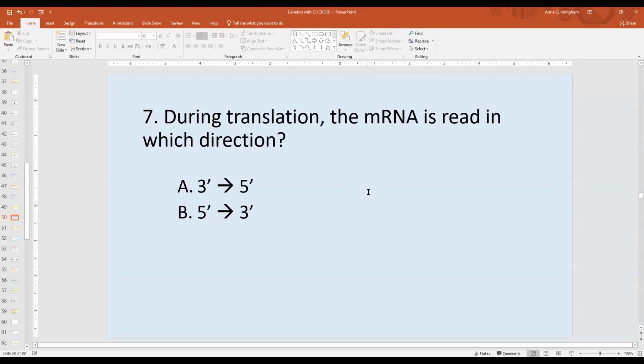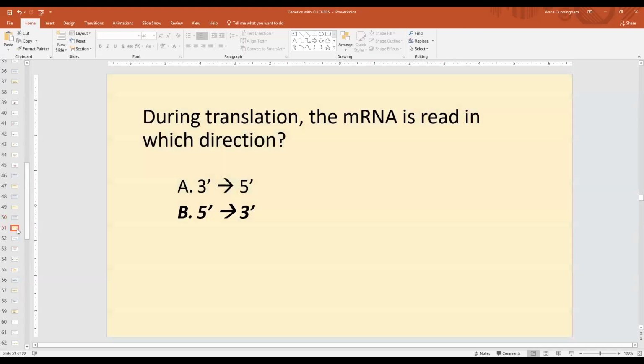I see those very quick answers, and I very much appreciate it. Good job. You are correct, and the answer is B. mRNA is read in the 5' to 3' direction. Don't ever forget it. So, good job. You guys are rock stars.